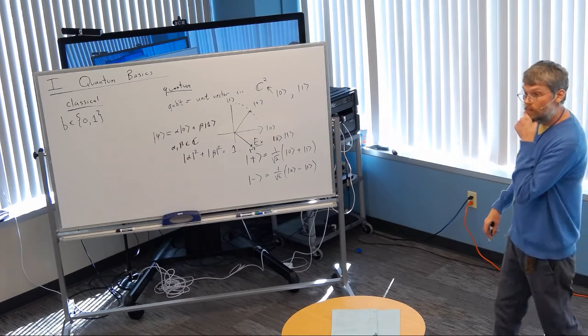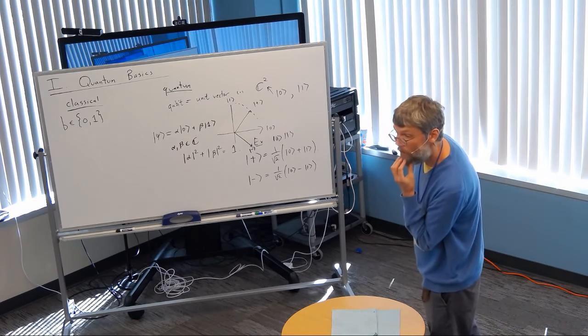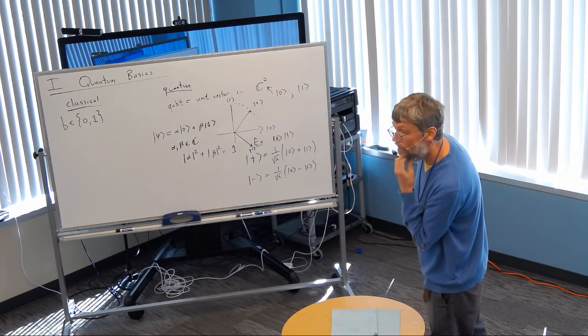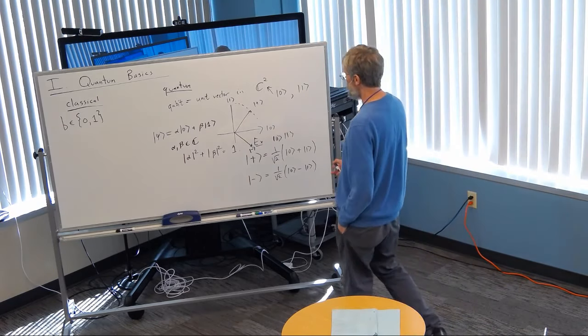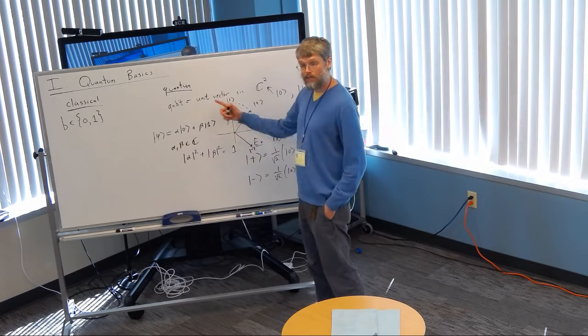Are there some intuitions about what these various qubits that you're seeing represent? Well, I guess you can think of this as polarized light, for example.